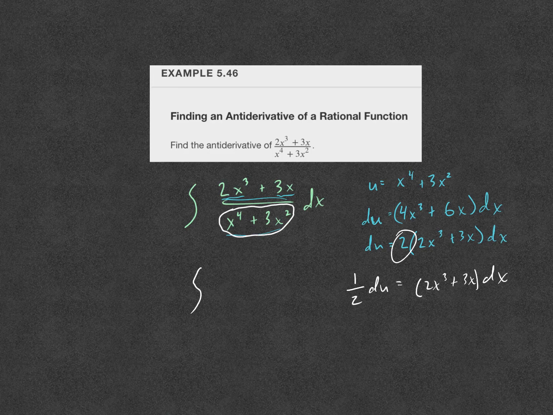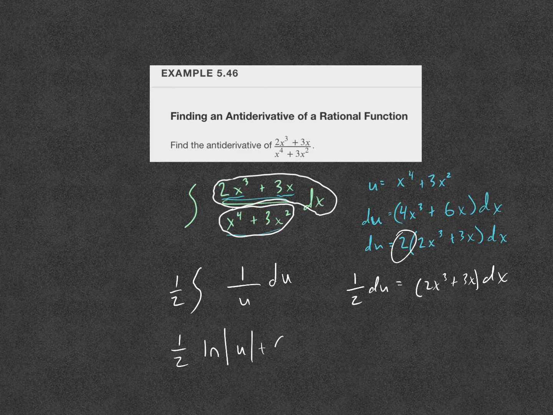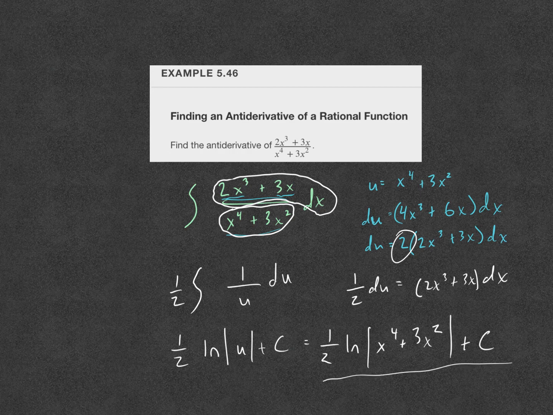So we have the integral of 1 over u, and then all the other stuff is equal to 1/2 du. So we get 1/2 the natural log of u plus c, which is 1/2 the natural log of the absolute value of x to the 4th plus 3x squared plus a constant c. And that plus looks like a times, so let me erase that. That should be a plus sign. There we go. And there is our answer.